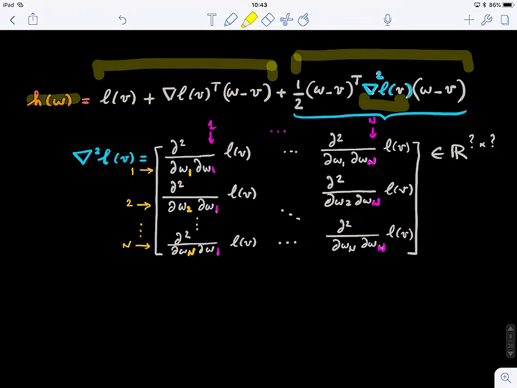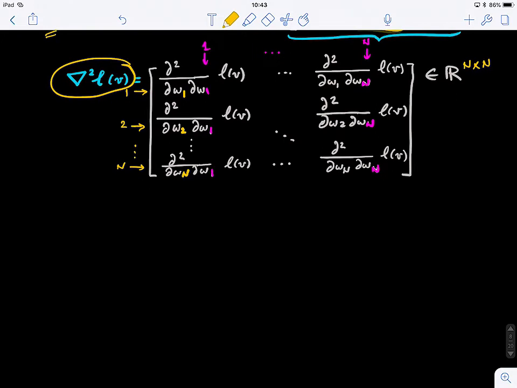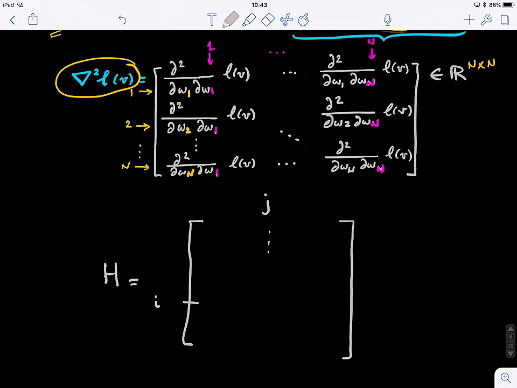So how do we define this term right here, which is the most important one? This is what we call the Hessian matrix, and if our variable omega has n dimensions, then the Hessian matrix is an n by n matrix, okay? The way we define it is so simple. In the Hessian matrix, at the ith row, jth column, we have an element right here.